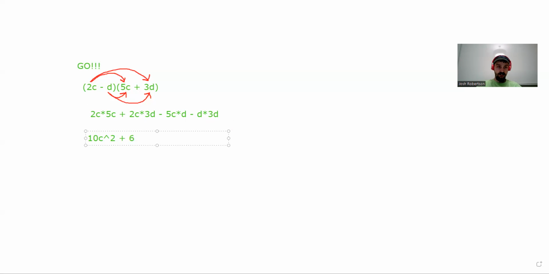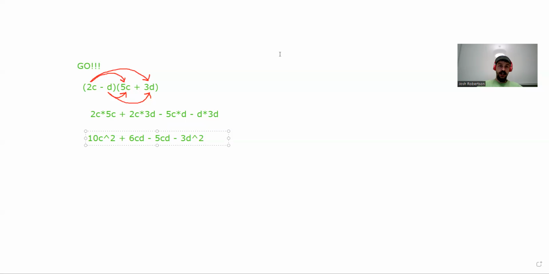C times d is just cd, minus 5 times 5c times d, which is just minus 5 because you're multiplying by 1, cd, minus d times 3d, which is 1d times 3d, which is 3d to the 1 plus 1, which is d squared.